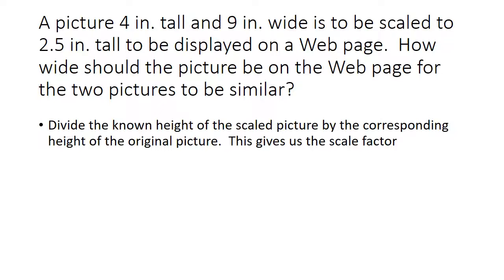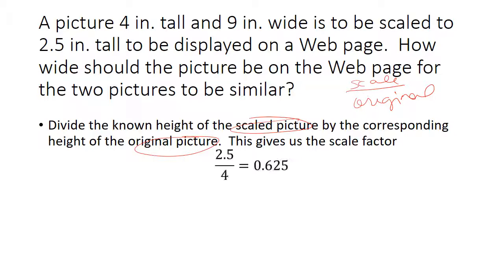When we do this, we're always going to take our scale information and divide it by our original information. So we're always going to do scale divided by original. This is going to give us our scale factor. And when we use that, we can make a proportion with our scale factor to find out how wide something should be.